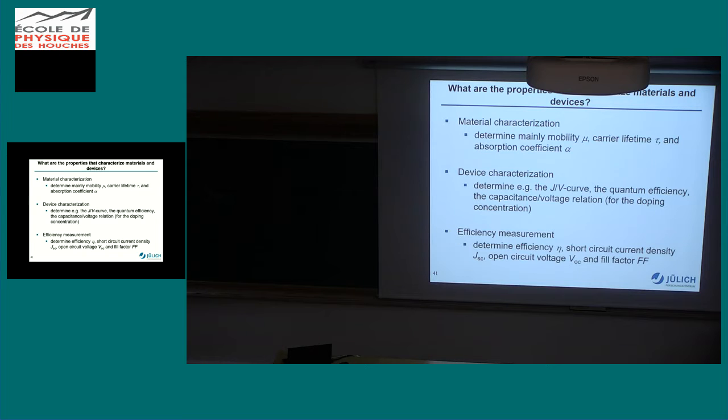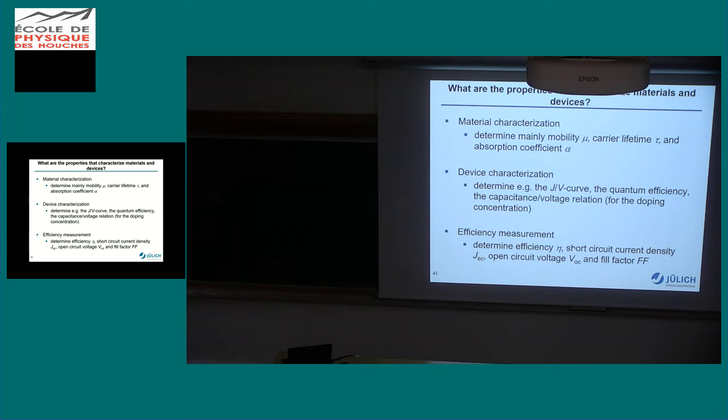And then there are normal efficiency measurements, so that you determine your efficiency properly. This has also to do with the fact that your efficiency is defined under the AM 1.5 spectrum, so you have to get that spectrum in your lab so that you really measure your efficiency properly, and then you have these photovoltaic parameters that characterize the efficiency.